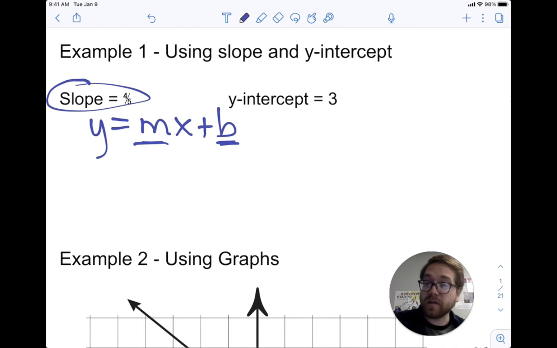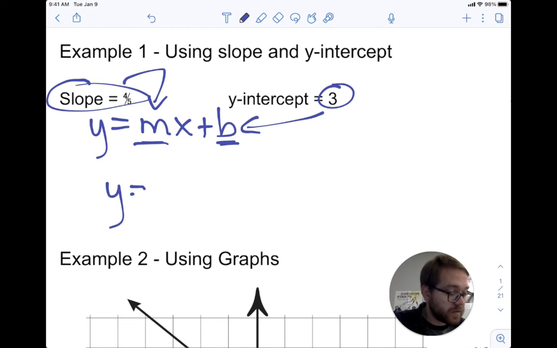Here, our slope is 4/5, that's what it says there, and that's what goes for the m. And our y-intercept is 3, and that's what's going to go in the b slot. So I rewrite this as y equals, instead of m, I'll write 4/5 x, plus, instead of b, it's 3.